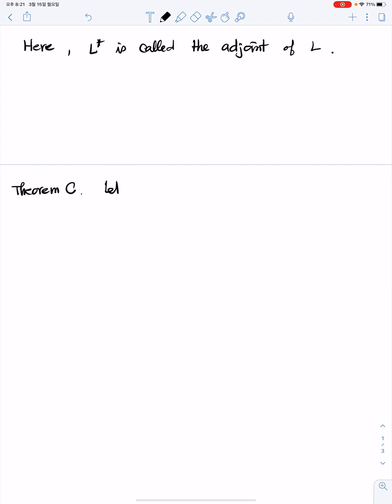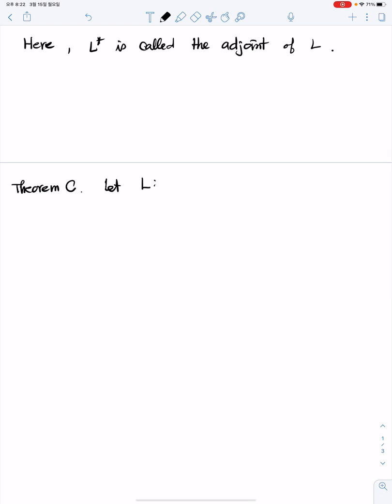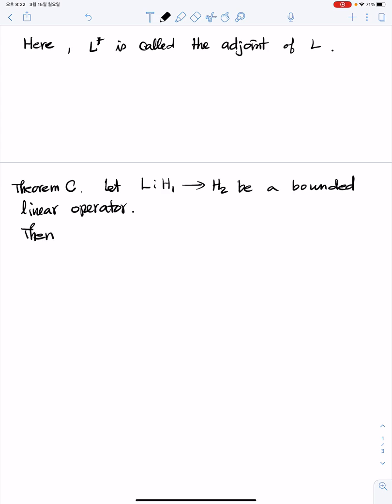So here let H1 and H2 still be Hilbert spaces and L an operator from H1 to H2, a bounded linear operator. Then we have the following properties.